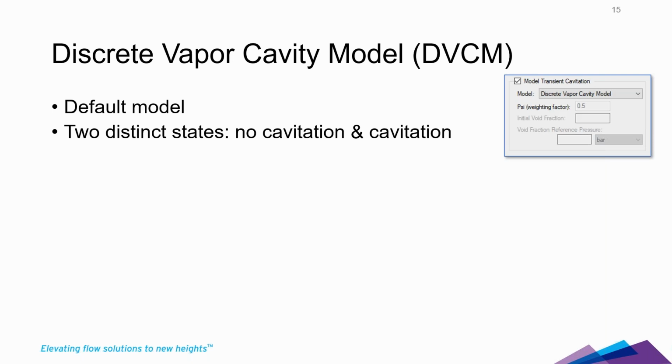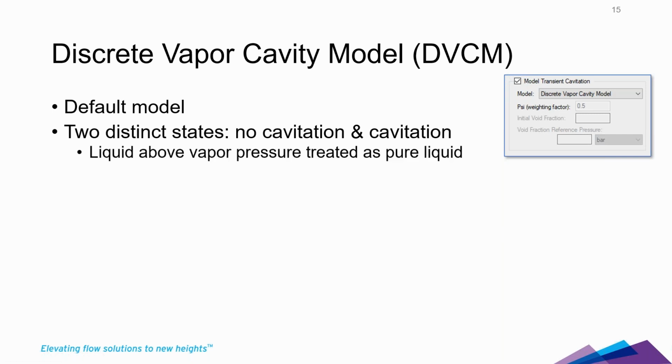Either you're cavitating when you hit vapor pressure, or if your system is not at vapor pressure, you're not cavitating. So in effect, you could uncheck this box to turn off cavitation. And if you don't have pressures at or below vapor pressure, your results are going to be exactly the same. There's no differences.